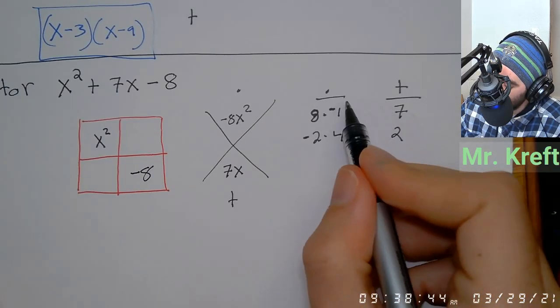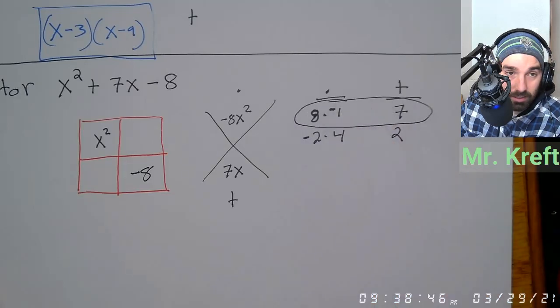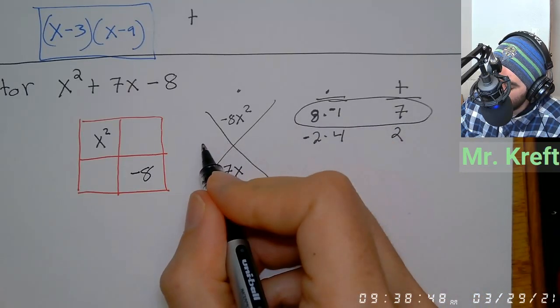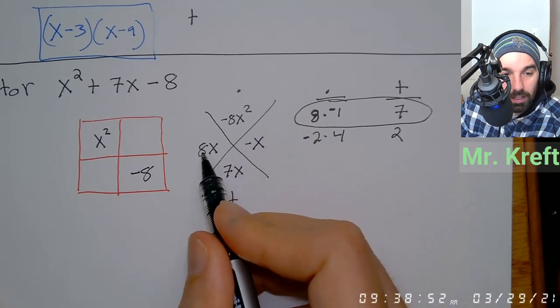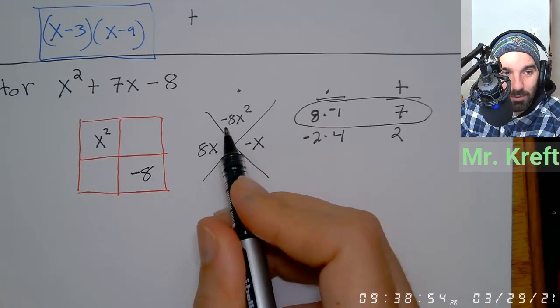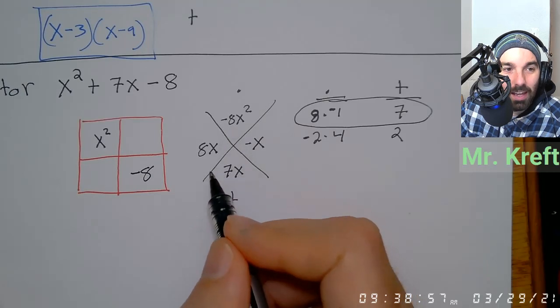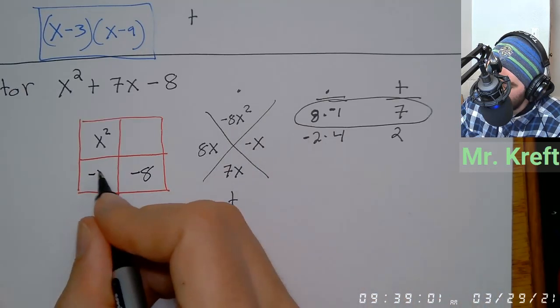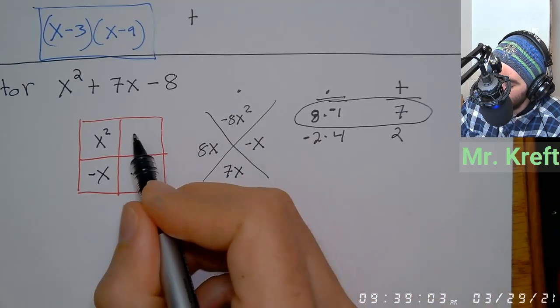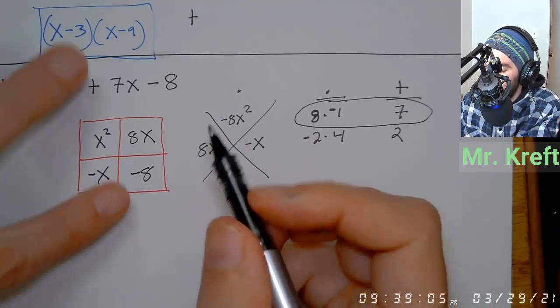So it looks like I want to get 7. I would have a positive 8x and a negative x, and we can double check. 8 times -1 is -8, right? And then 8 minus 1 is 7. So I have a -x and a positive 8x.